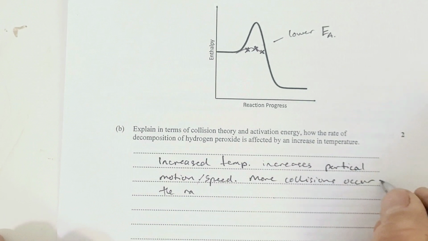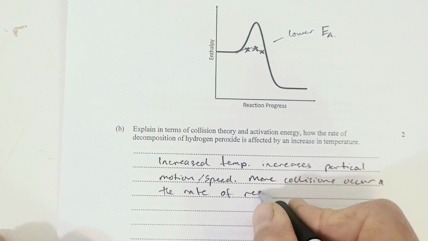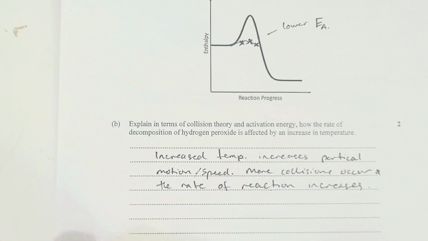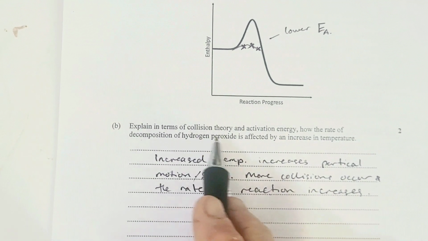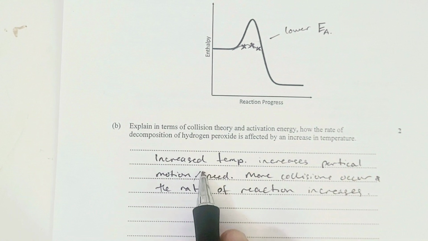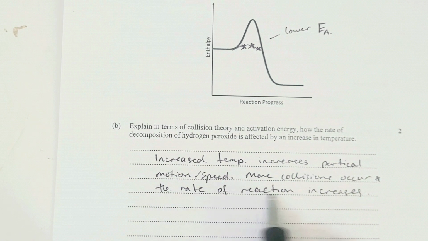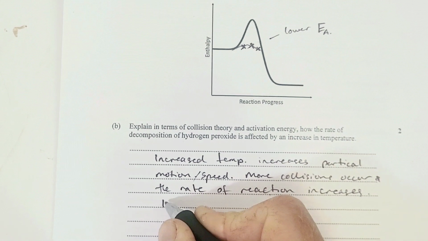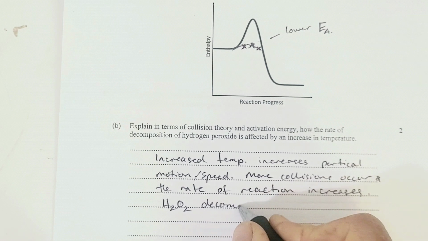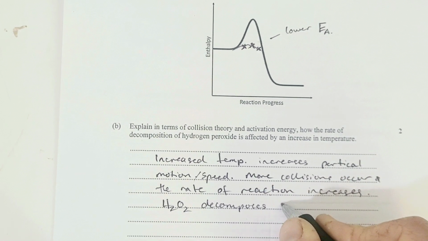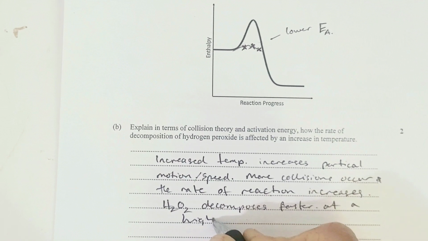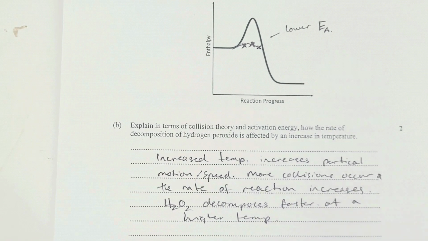The rate of reaction increases. So we've explained H2O2 decomposes faster at a higher temp. That's why we keep it in the fridge.